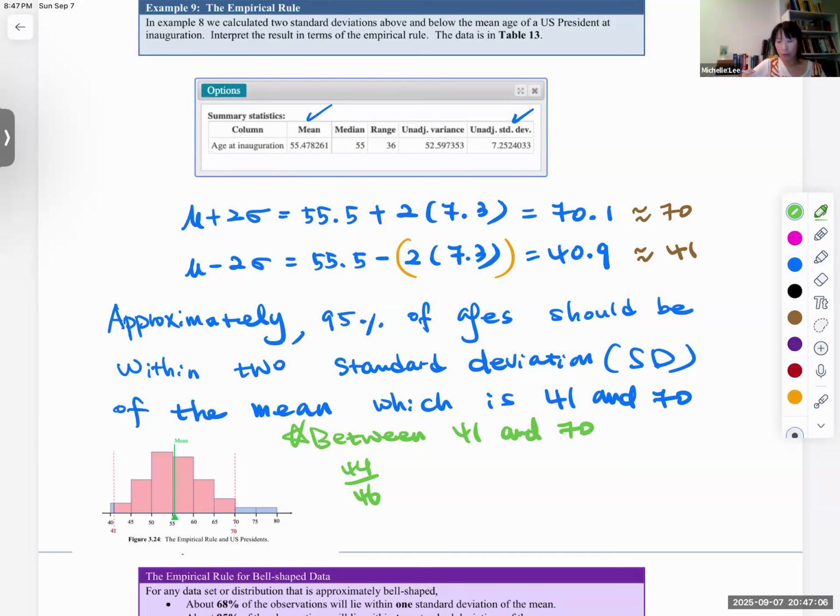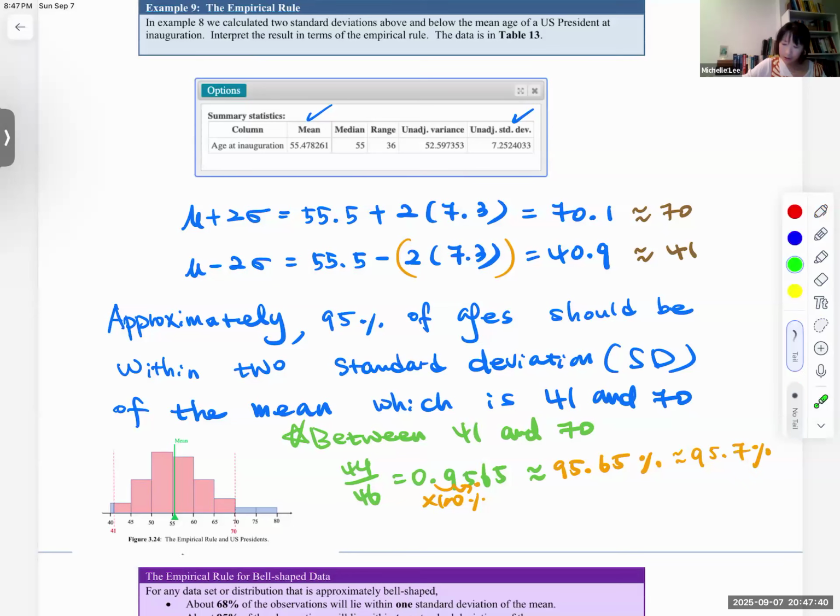So 44 out of 46, yeah? If we calculate, 44 out of 46 is 0.9565. We times 100%, moving the decimal point to the right twice, so 95.65%, which is 95.7%, which is very similar to the empirical rule, right?